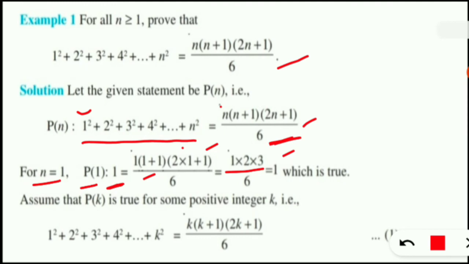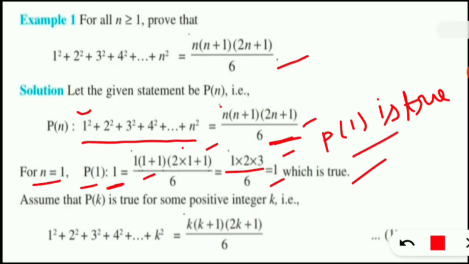So left hand side equals 1 and right hand side is also 1, which is true, that means P of 1 is true. Okay, next, condition 1 or property 1 is completely satisfied.